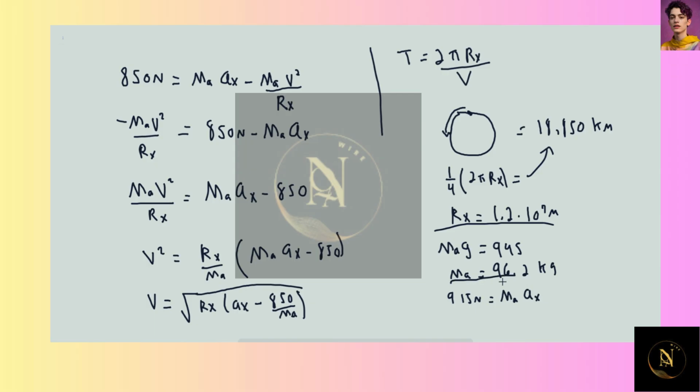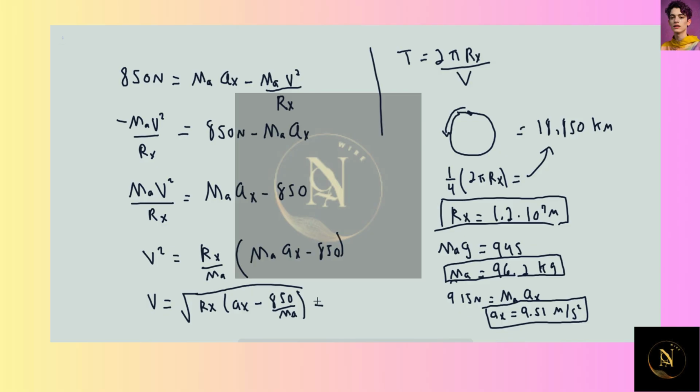Plugging in this 96.2 for m_a, we can find that a_x is equal to 9.51 meters per second squared. So we found r_x, we've got an a_x, and we also got the mass of the astronaut. That's everything we need.